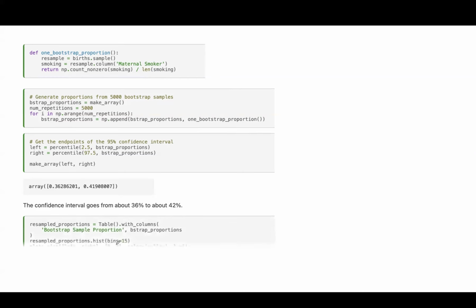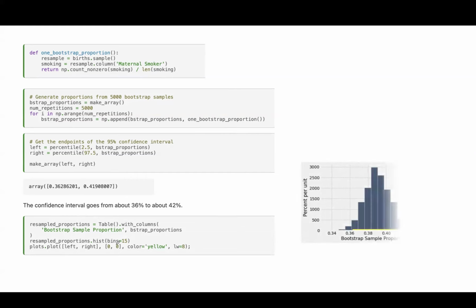We can resample the proportions and visualize what we have. So as you can see, the confidence interval is the yellow line on the horizontal axis. Here we used the bootstrap percentile method.